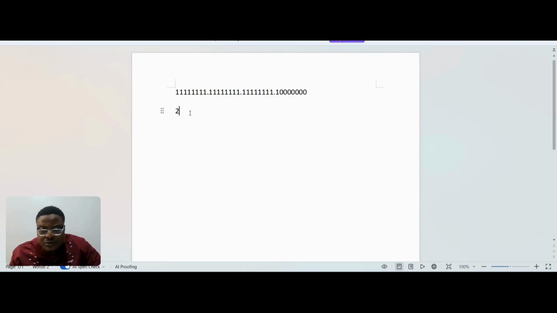This is 255, 255, dot 1111 is also 255. Let me break down how I get this 255. You convert it from binary to decimal by multiplying. Let me multiply it.